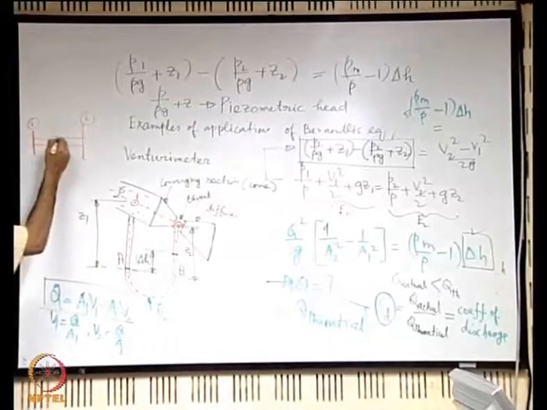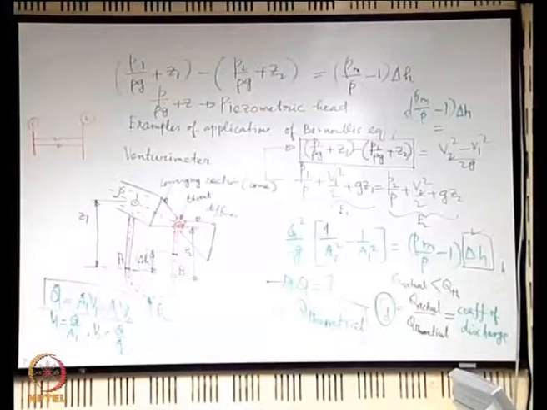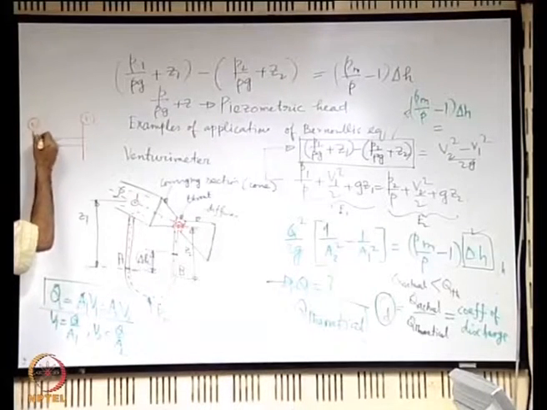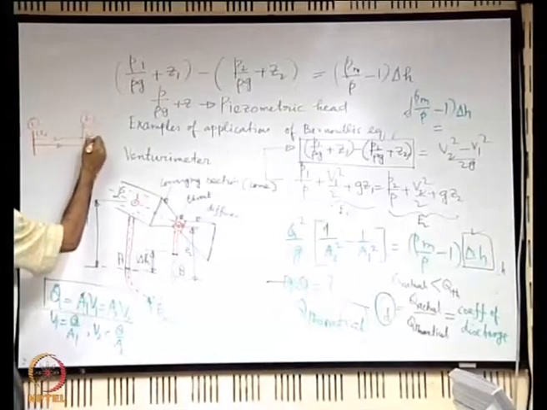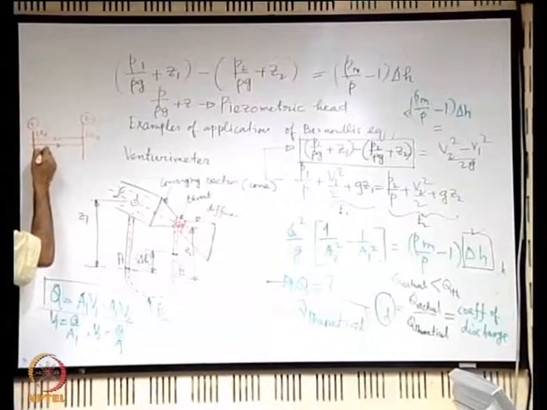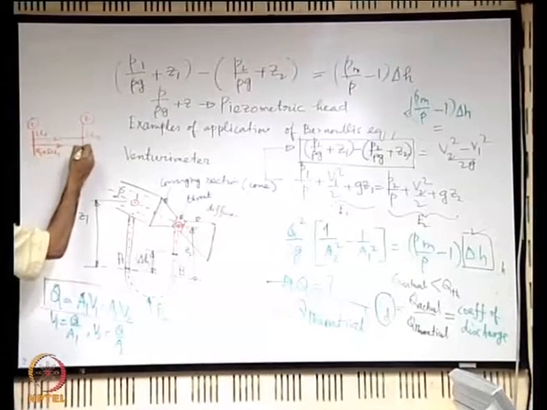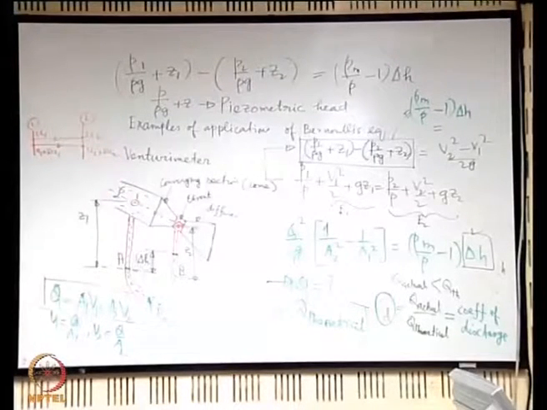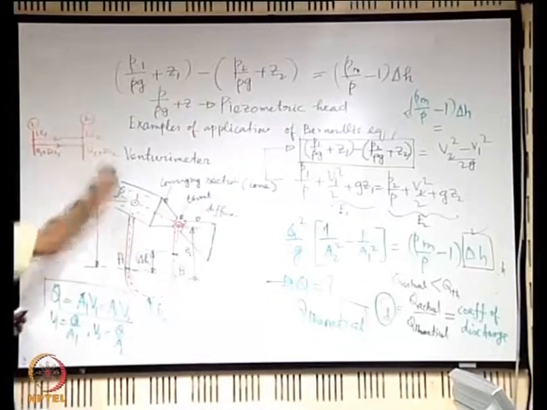So, we have one streamline and another streamline. These two streamlines are so close that here the velocity is u1, here the velocity is u2, here it is u1 plus delta u1, and here it is u2 plus delta u2, where delta is a small change in comparison to the other value.